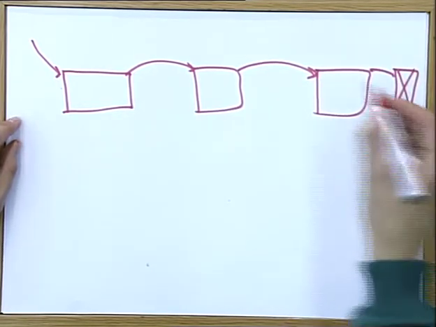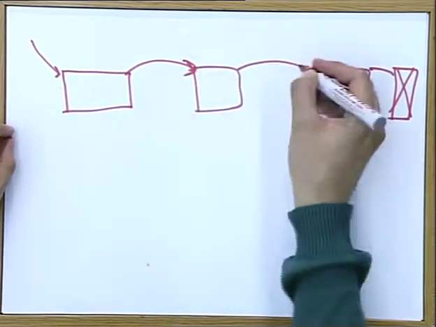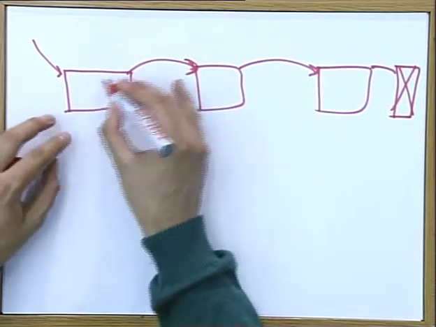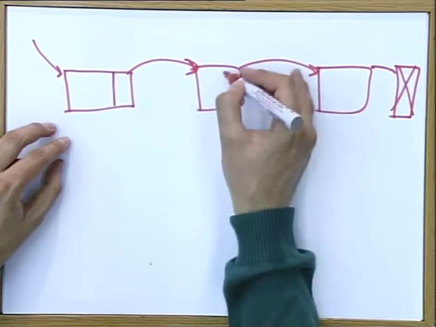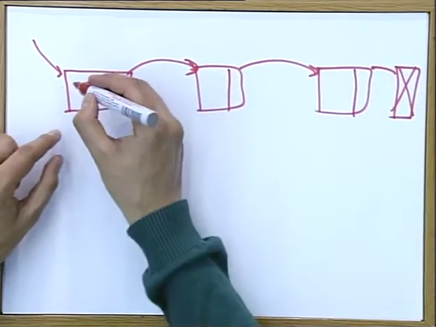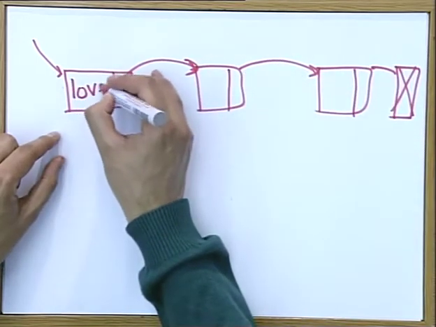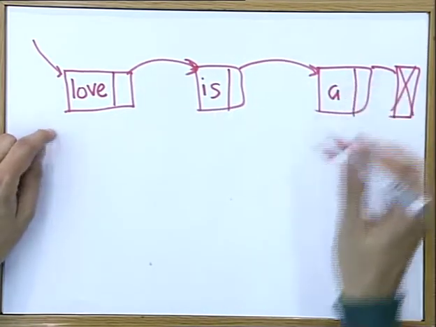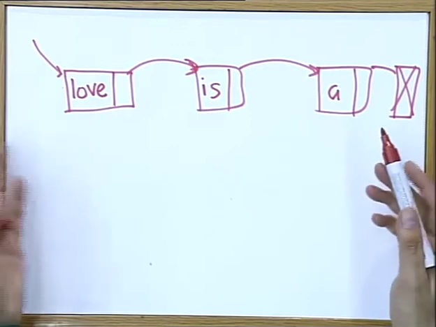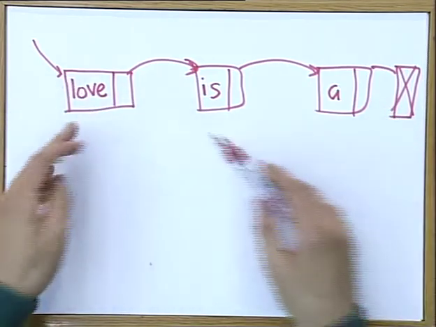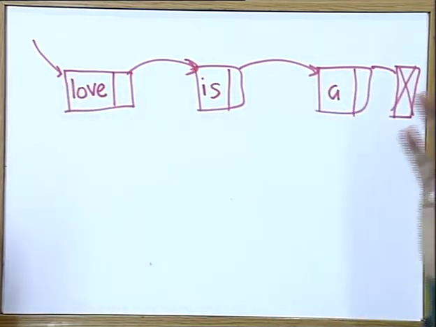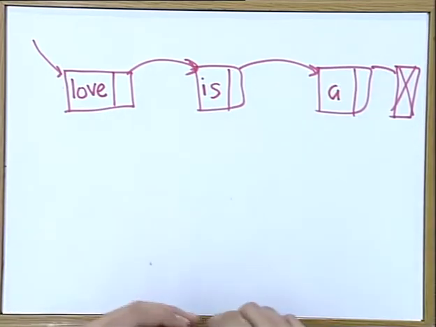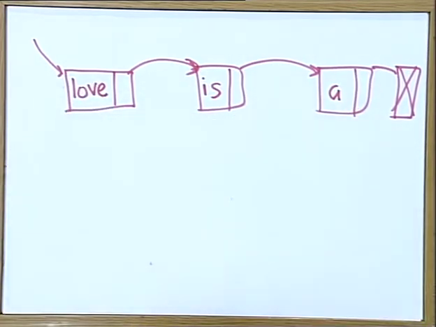So this is our list, and then we have some items here. Maybe we should have words that I put in here. So let's say love, is a, and for those of you who know this thing, I wanted to write love is a many splendid thing, but I'm not going to write this out. So this is our list at the moment.